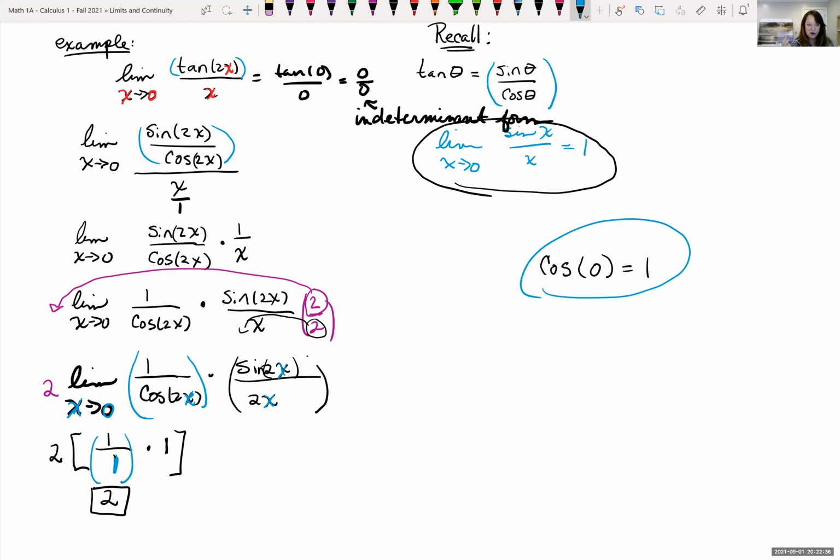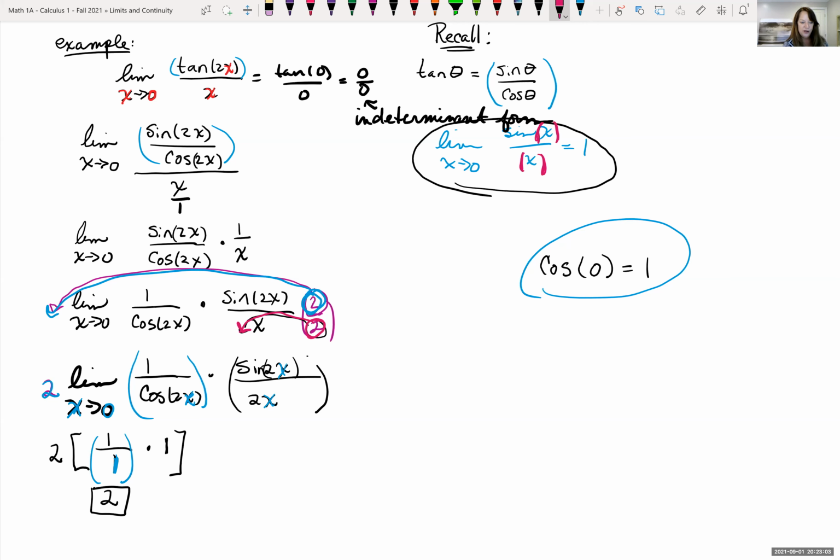Another question was, why did this 2 over here, when we multiplied by 1, stay down in the denominator, when we pulled the 2 from the numerator out front? The reason is because we're trying to manipulate it so that whatever we're taking the sine of is what we're dividing by.